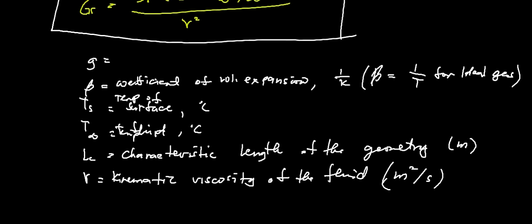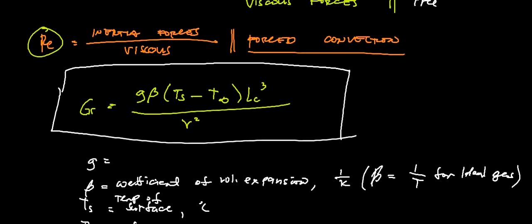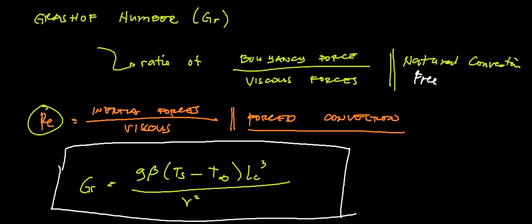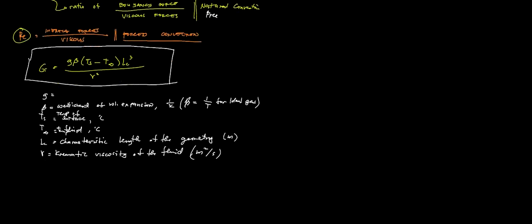Okay, moving on, I think this is the last dimensionless number that I am going to discuss. So we have the Rayleigh number, or Ra. So this number is simply the product of the Grashof number and the Prandtl number.